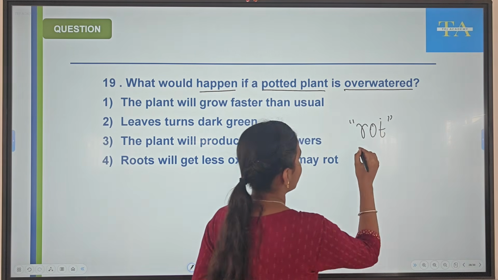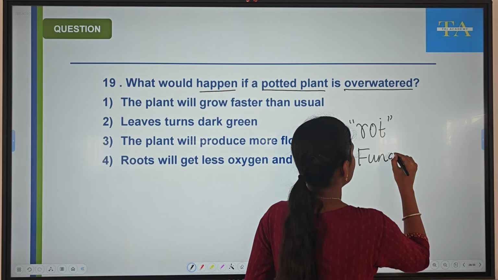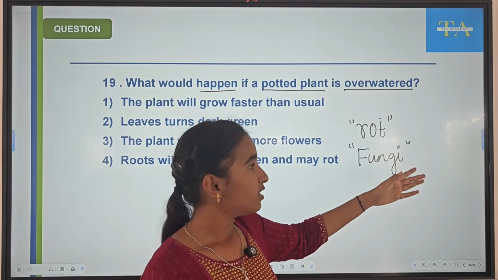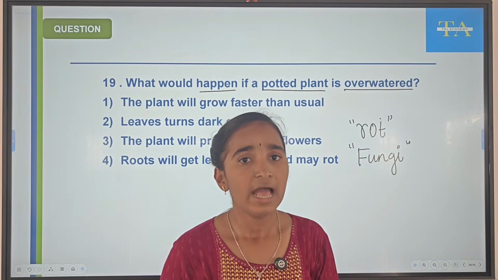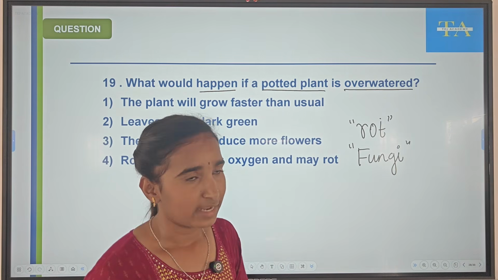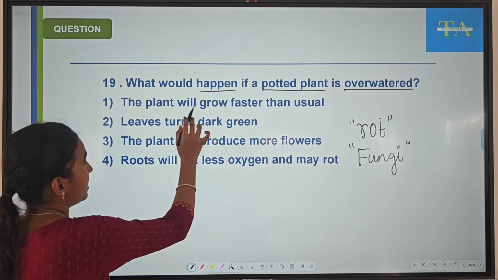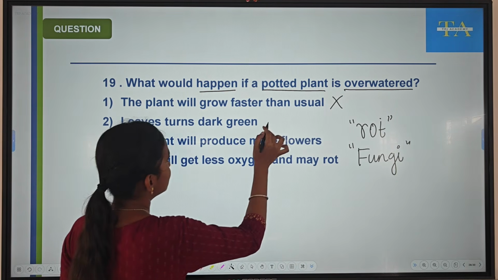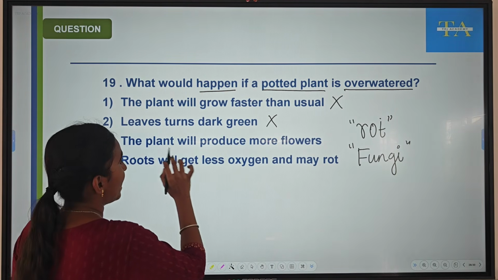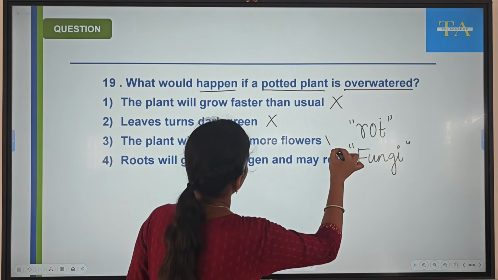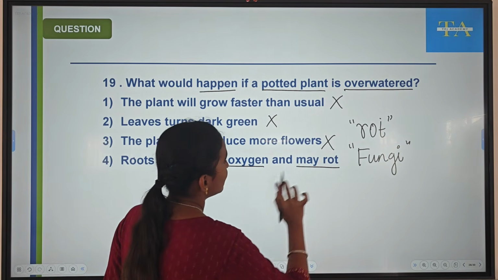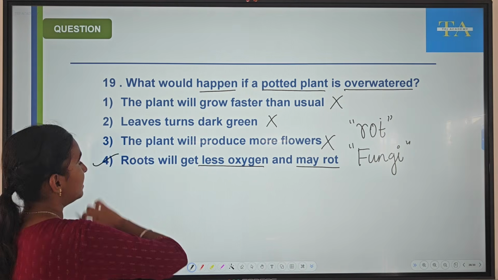They are fungi. Either they may rot or some fungal growth can occur and cause disease in that plant. The plant will grow faster? No. Leaves turn dark green? No. The plant will produce more flowers? This is also wrong. Roots will get less oxygen and they may rot. This is our right option.